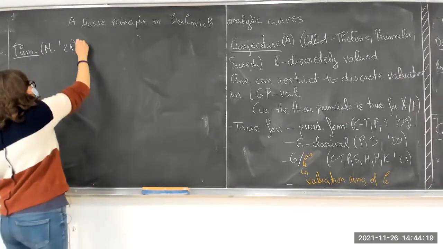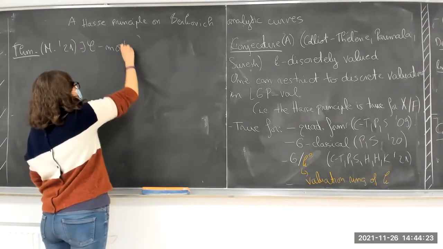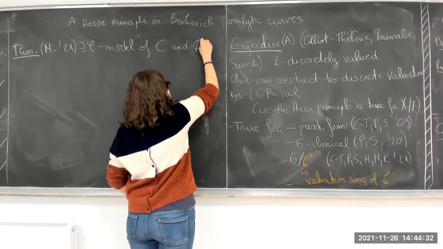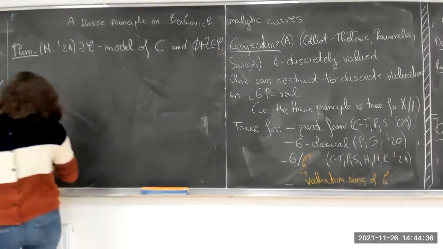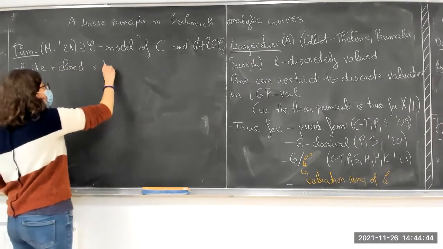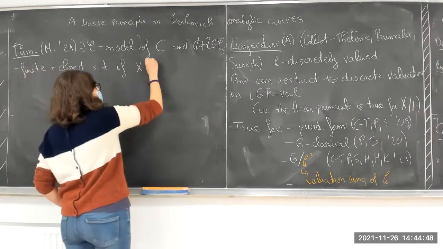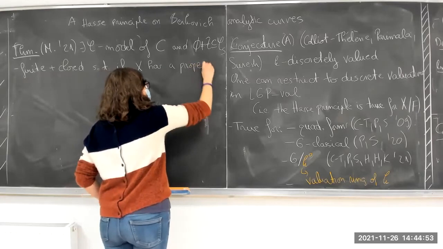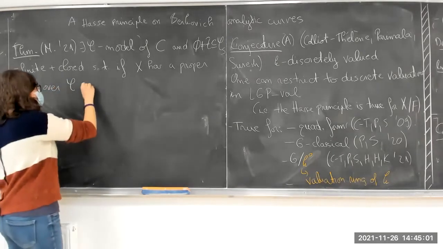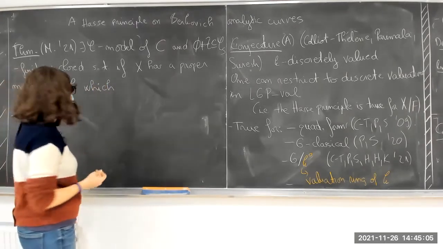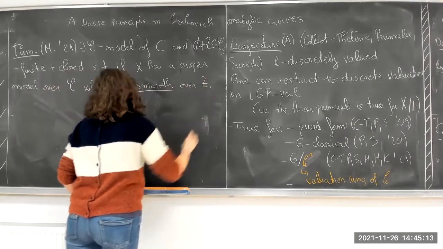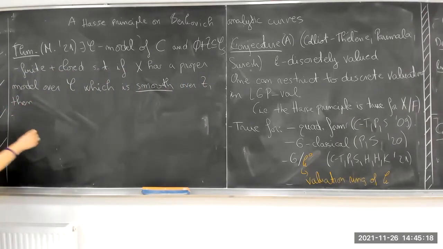So what we can show is that there exists a model curly C of our curve C and some non-empty subset Z of the special fiber, which is finite and closed, such that if our variety X has a proper model over curly C, which, and this is a real hypothesis that we need to assume for now, is smooth over Z, well then conjecture B is true.